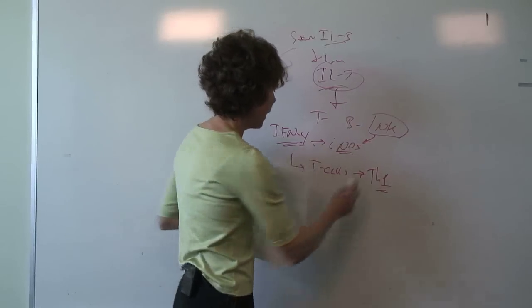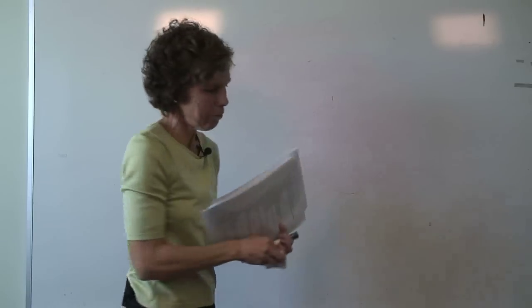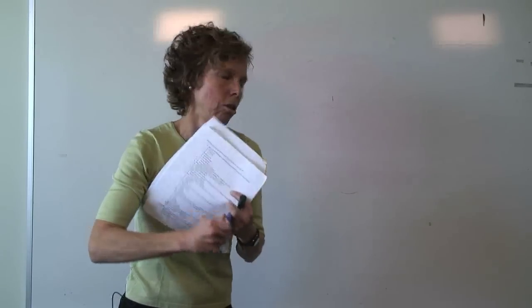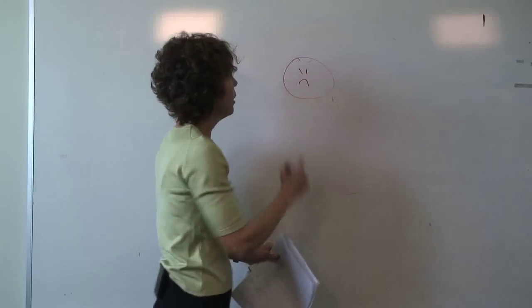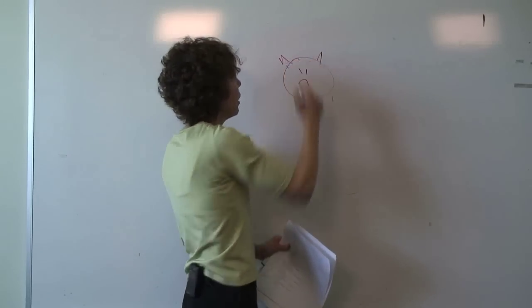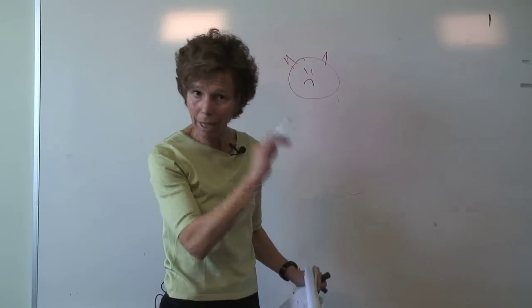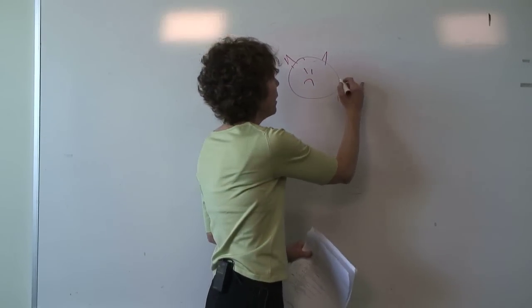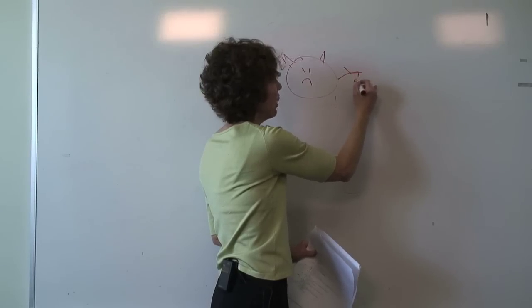The other thing that NK cells can do is, if there's a pathogen, and that's what this question is dealing with, he's a bad guy, he's got little horns here, and by the way, he happens to have been recognized by an antibody that is bound to here, and you've got this Fc portion here.